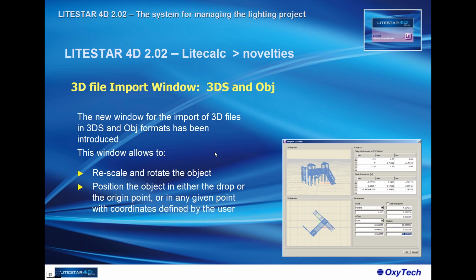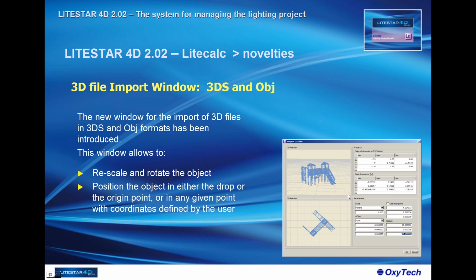And whenever you have a file of this format, you can drag and drop it onto the LightCalc, and automatically this window will appear. This window is allowing you to rescale and rotate the object, position the object in either the drop or the origin point, or in any given point with coordinates defined by the users.